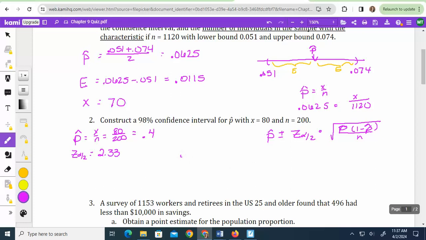So we have 0.4 plus or minus 2.33 times the square root of 0.4 times (1 minus 0.4) divided by n, which was 200.